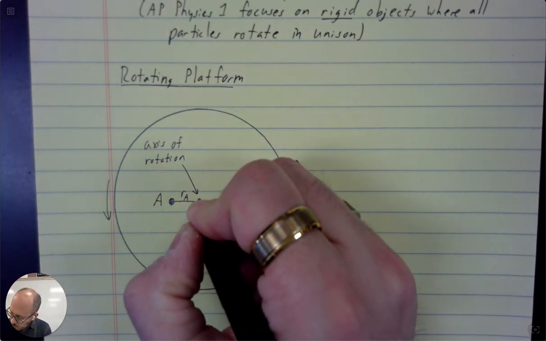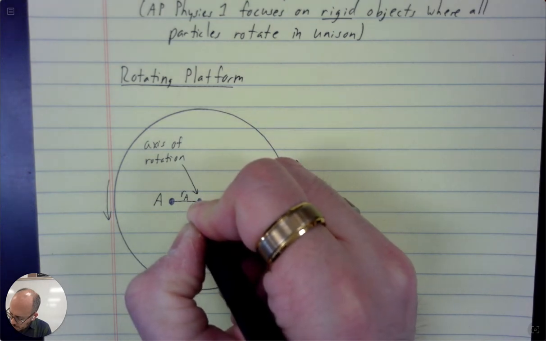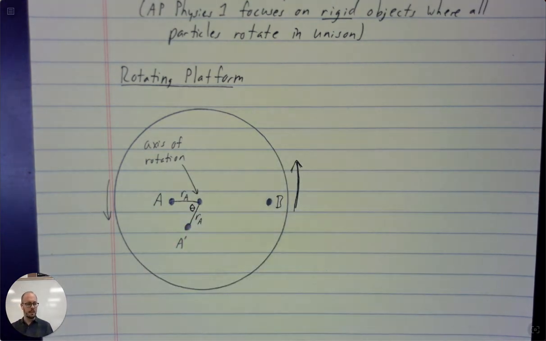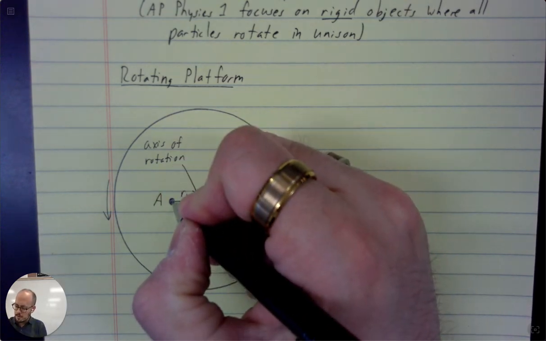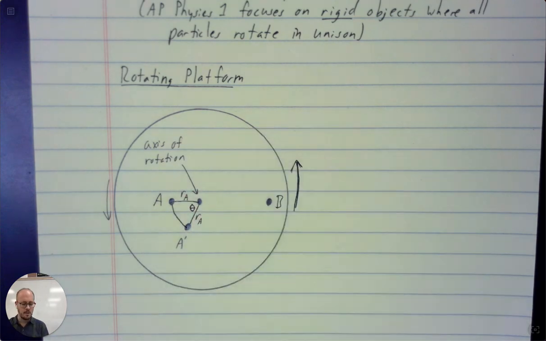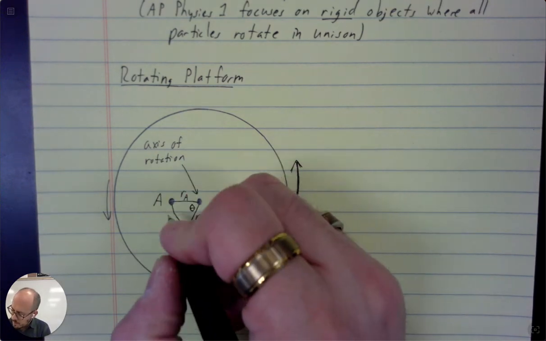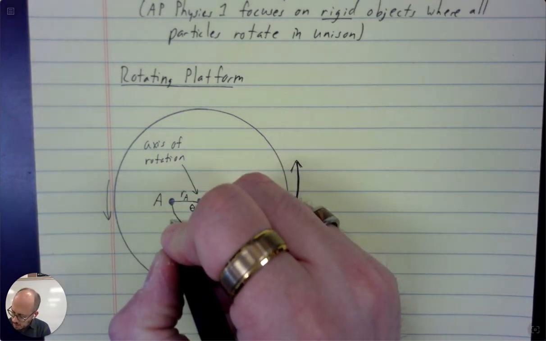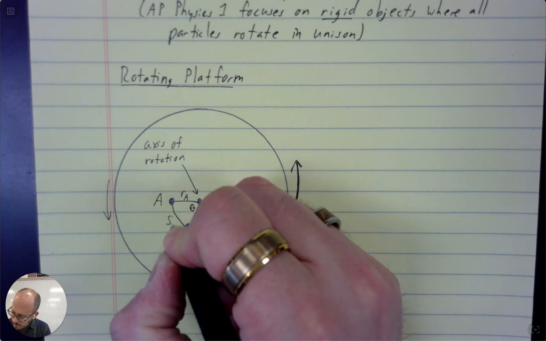I have moved point A also by a certain angle theta, and in terms of a circle, when you move displacement around a circle, it's not always just called displacement, it's called arc length. And so arc length has the variable s.